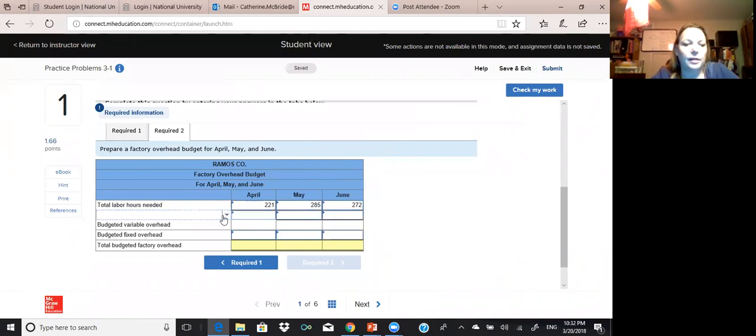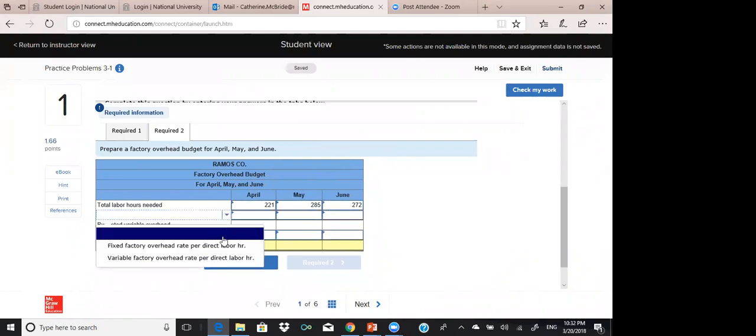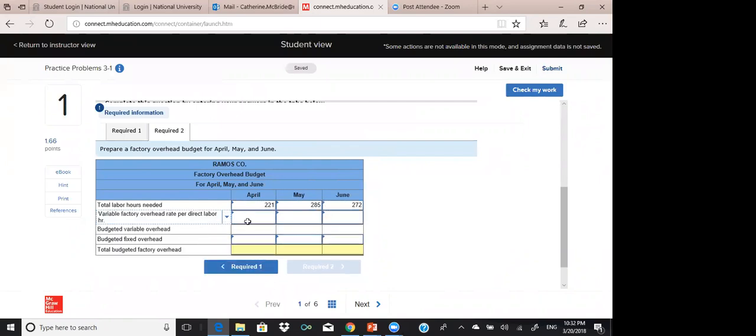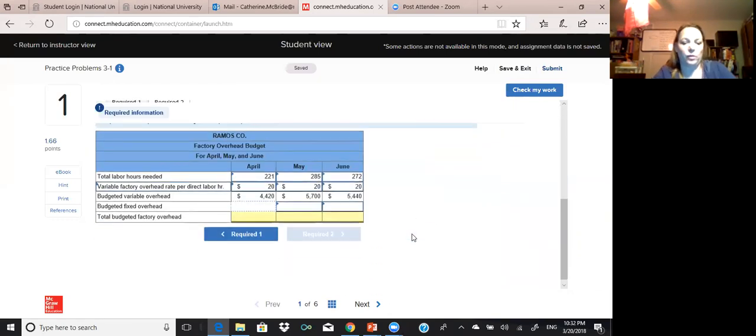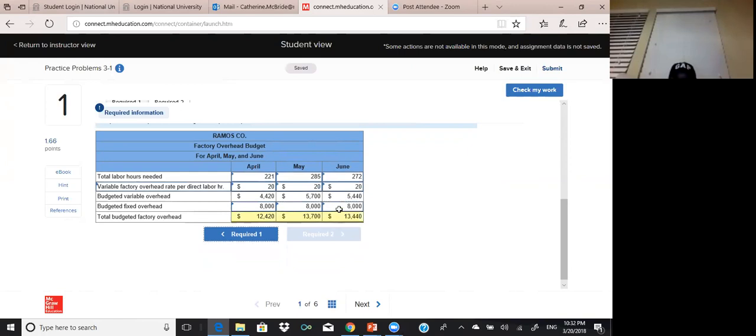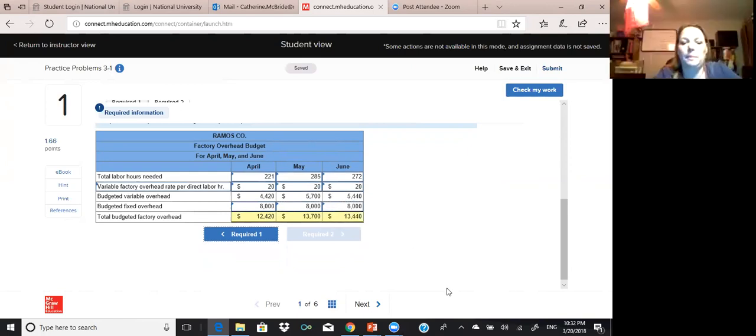And then variable factory overhead rate. And what did we say, 20? 20. And budgeted was 8,000. If you do it in pieces, it's not so overwhelming.